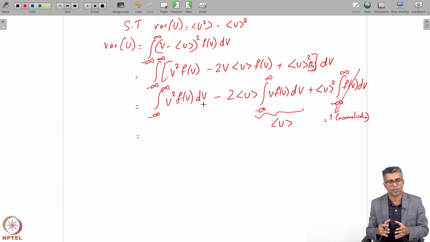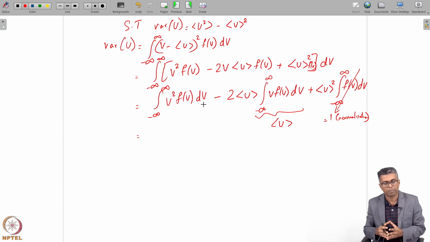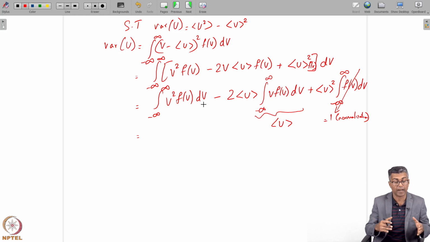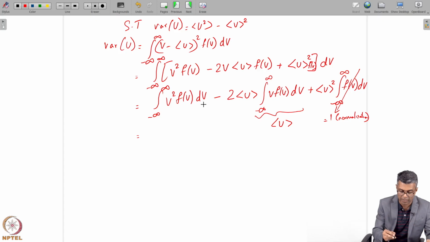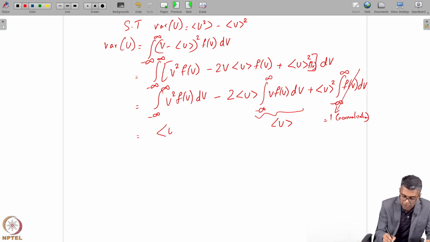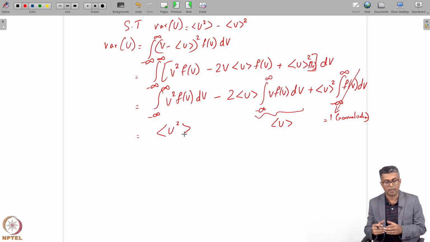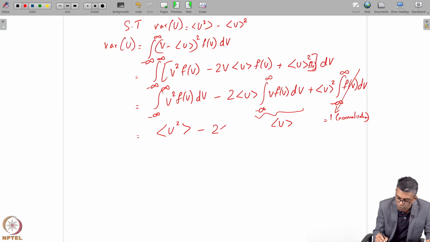Any variable multiplied by its PDF and integrated gives you the mean of that variable. So this essentially becomes U squared mean. That becomes U squared mean minus 2 U mean times U mean plus U mean squared.